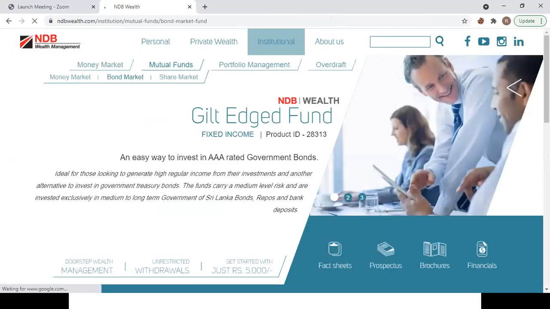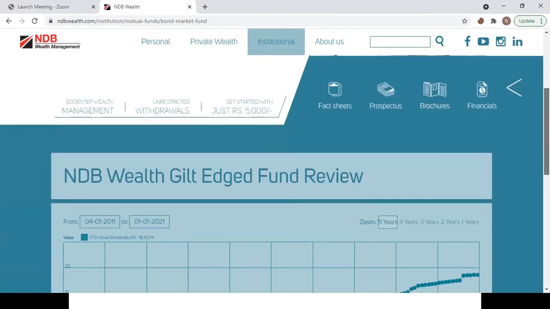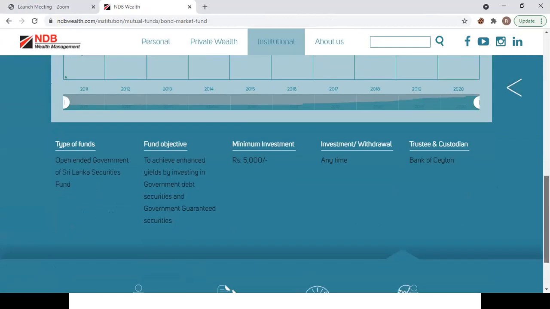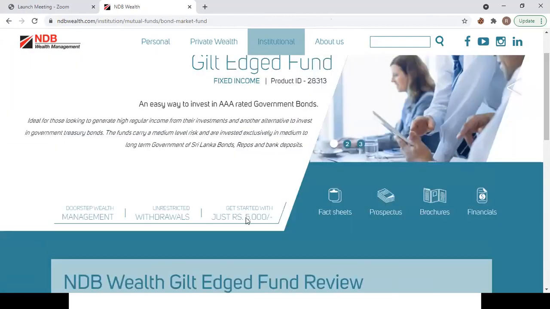So BDH fund, NDB wealth, they are also providing you mutual funds, right? Their earnings, right? So you can start from 5,000 with unrestricted withdrawals.